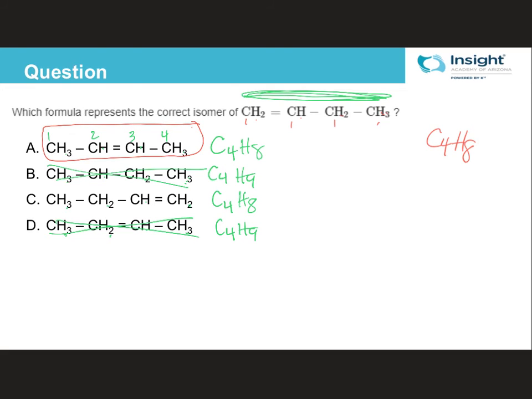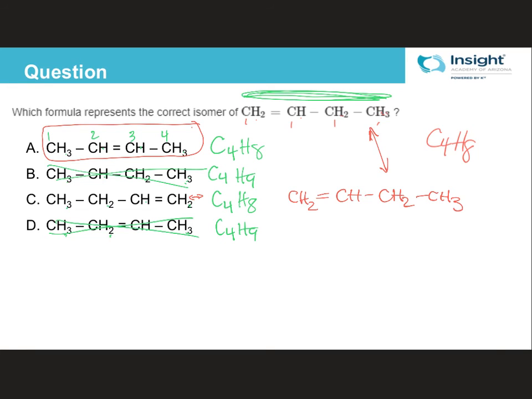The reason for that is this compound is just the exact same structure flipped. If I were to rewrite this backwards, CH2, CH, CH2, CH3, those 2 are the exact same thing.